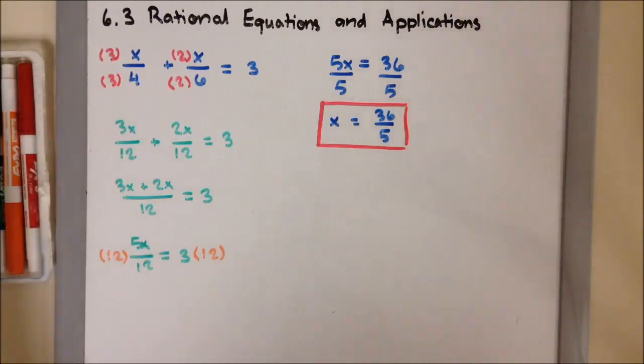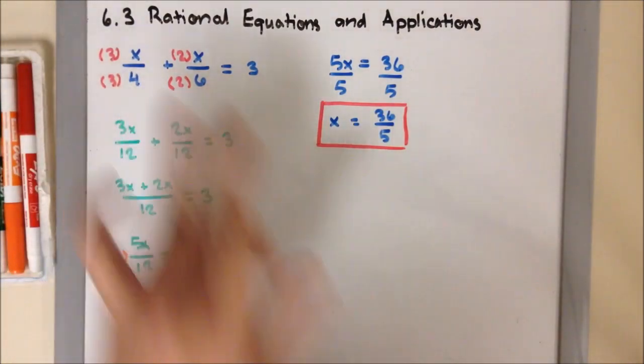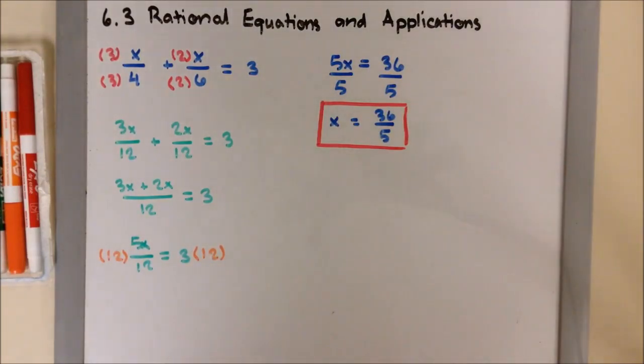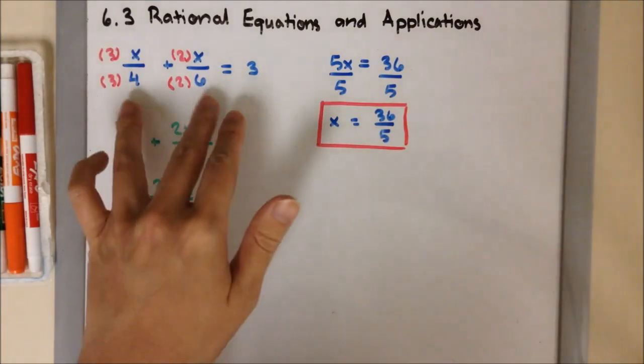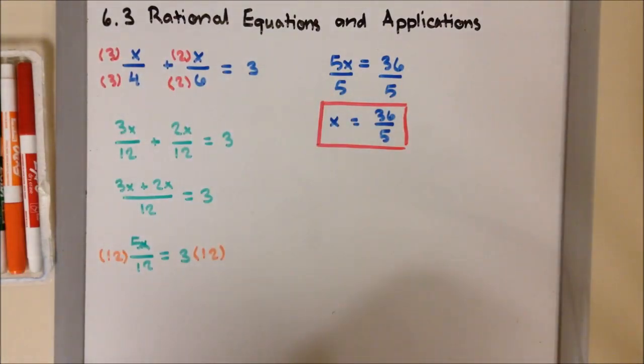Again, it's pretty simple when you're working with denominators that are numbers. It's going to get a little bit more complicated. Once you understand the process, once you understand the patterns, it's a little bit more work, but that means we're going to be working with variables in the denominator.